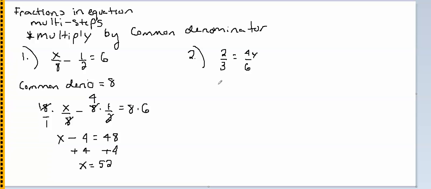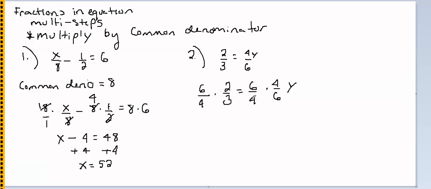You could still use the common denominator method, but for just the one-step equations like this, you should be able to do it without the common denominator. So I'm going to flip the number always by the letter, and that's going to become 6/4, and I'm going to multiply it by both sides.